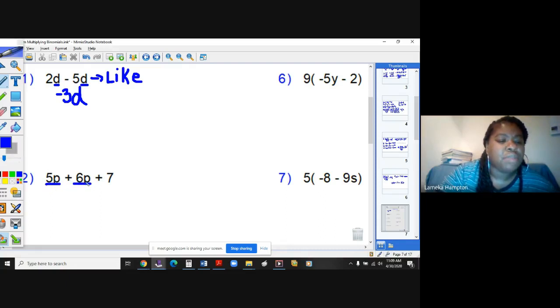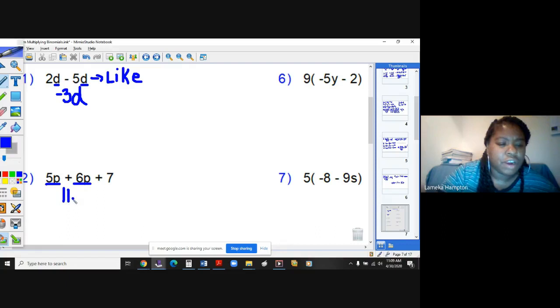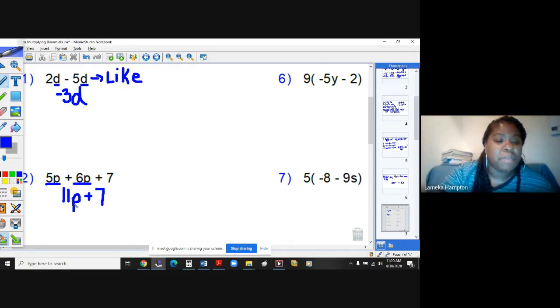So 5 plus 6 gives me 11p. Now I have to bring down this 7 because that was a part of it. But is that my final answer? Yes, it is, because 11p plus 7 is an unlike term, so I cannot add unlike terms.